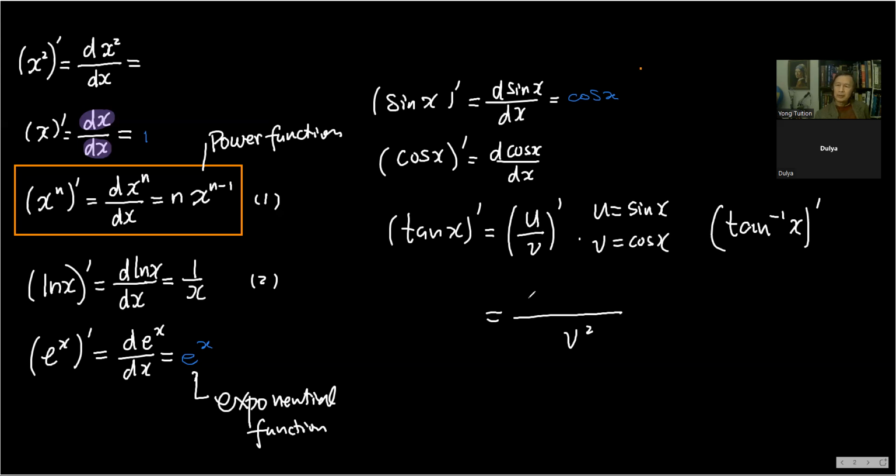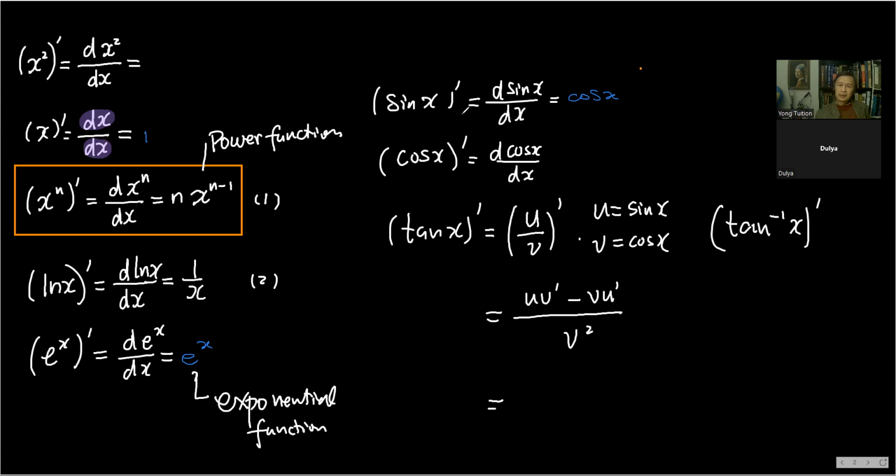Do you know the order of u v dash and v u dash? Can you double check if this is correct or not? Is it the other way around? No, it's not. It's the other way around.